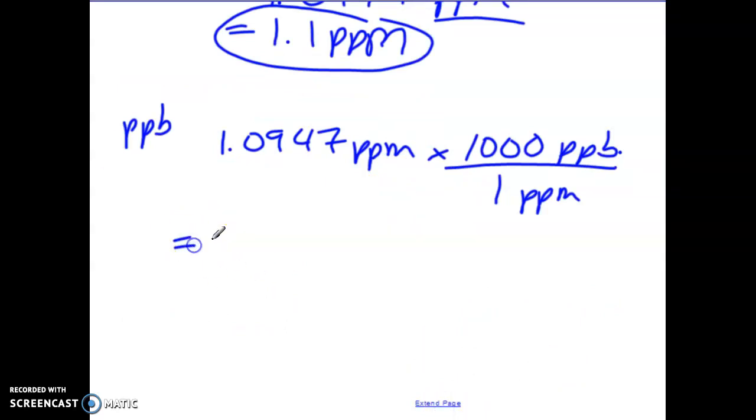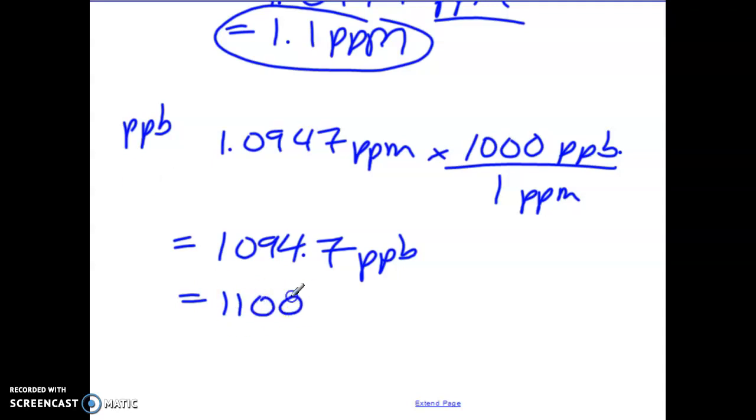So we're going to take this and multiply by 1,000. So we have 1094.7 parts per billion. And then for sig figs, it would still be 2 because we're dealing with the same original data. So it would be 1,100 parts per billion.